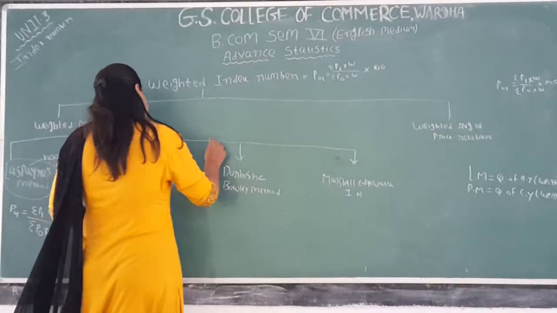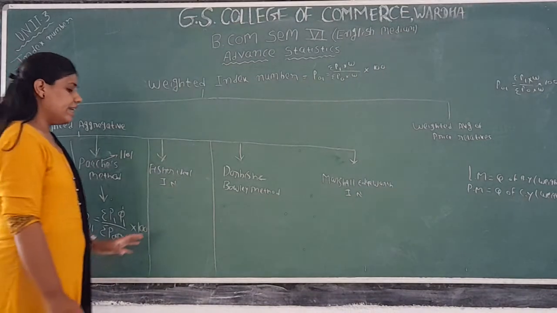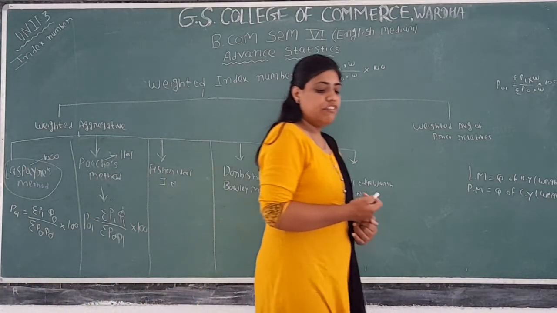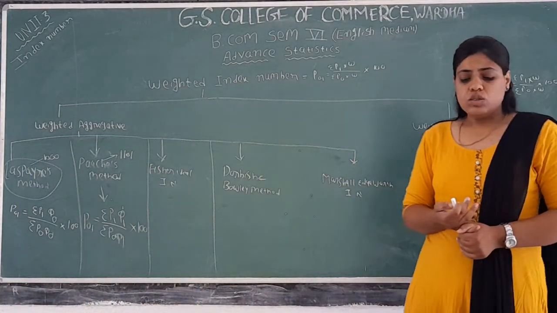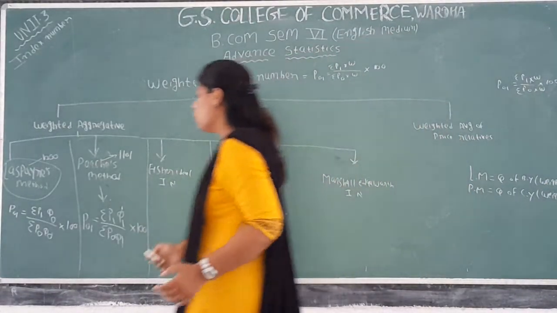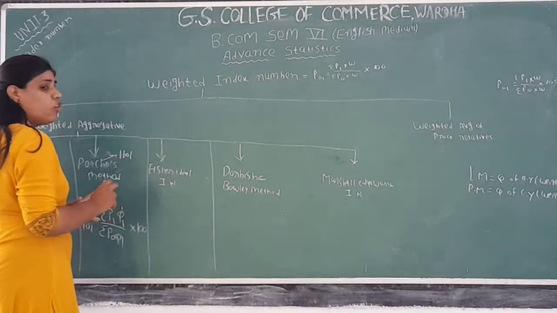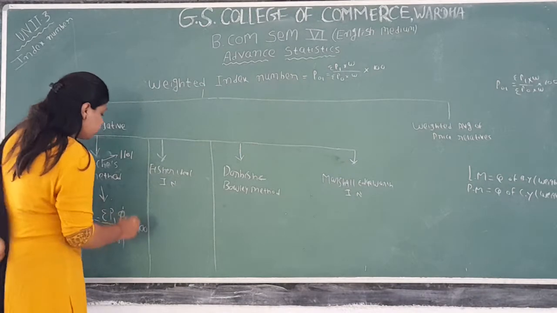After that, the next method that we are going to use over here is Fisher's ideal index number. Fisher's ideal index number is nothing but the geometric mean of the Laspeyres method and Paasche's method. So here, what formula are we going to use?